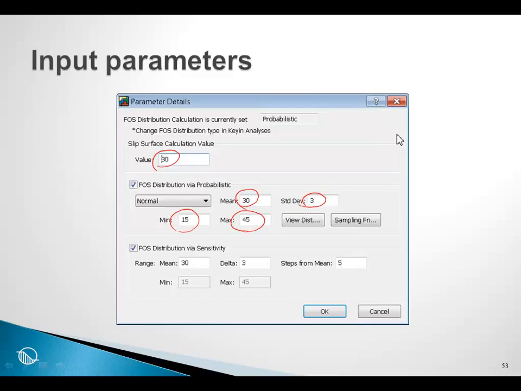There are two types of analysis here. One is probabilistic and the other one is distribution via sensitivity. We'll get to the sensitivity one a little later.